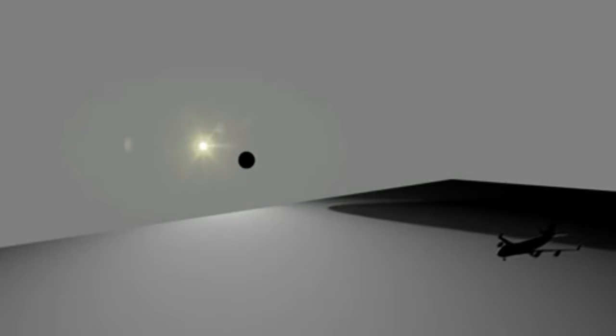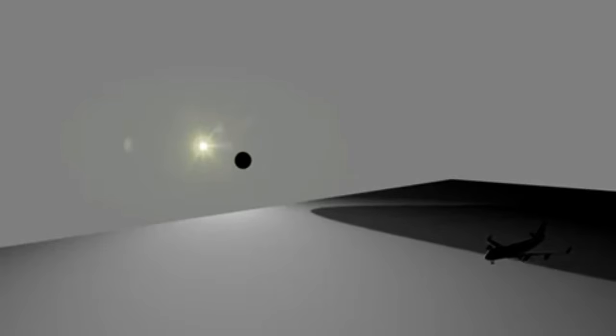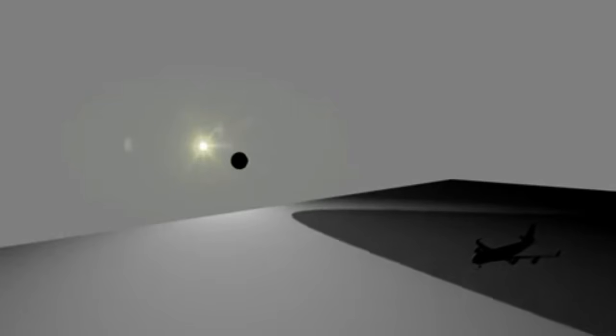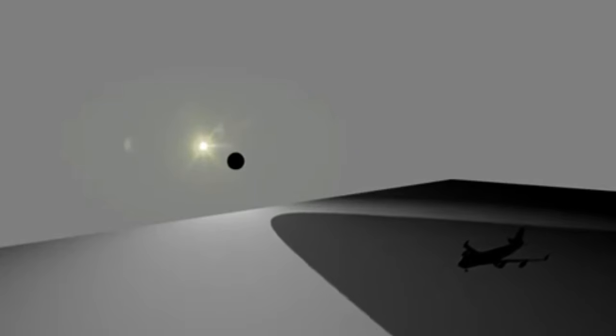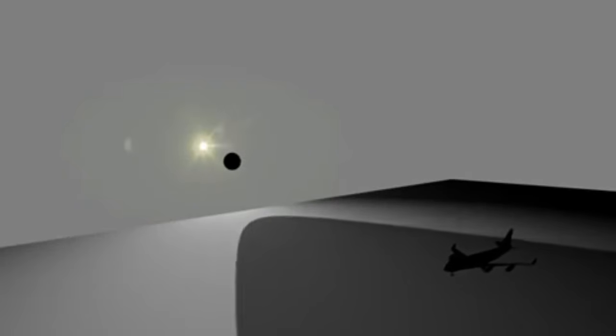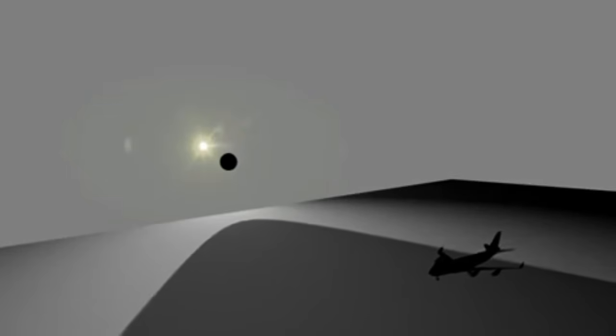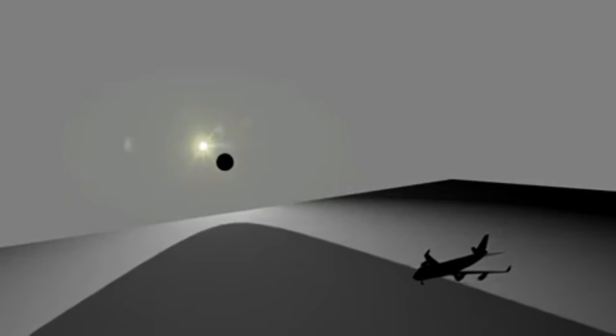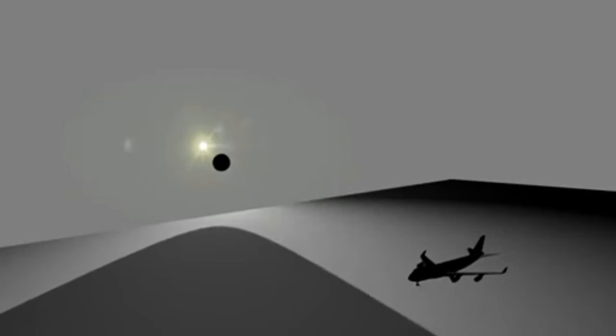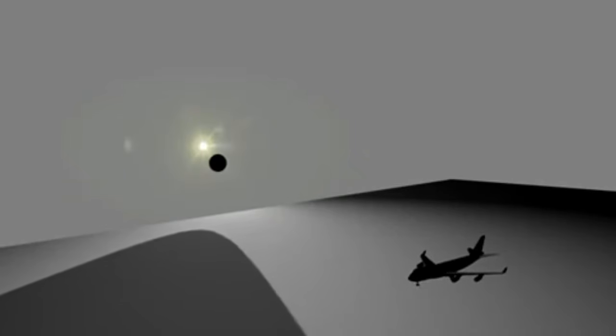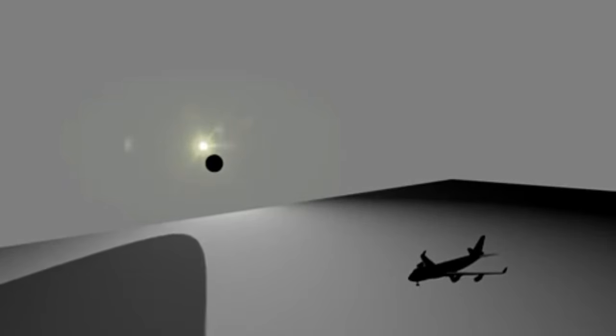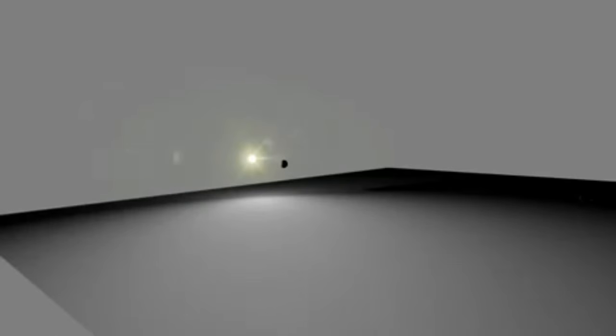Pay attention. See how the shadow is elongated, is completely underneath the aeroplane. So the moon must be quite close to the source of light, because the hot spot and the shadow is in the same frame of reference from the passengers on the aeroplane.